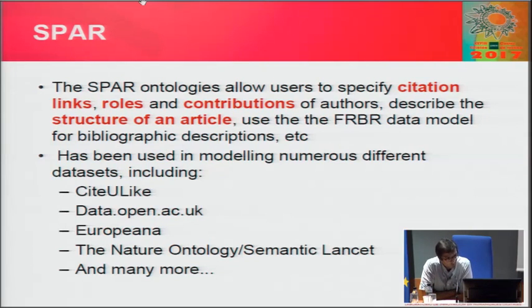The SPAR ontologies allow you to do several things: for example, you can specify citation links, you can specify the roles and contributions of different authors, and you can also describe the structure of an article. There are several other things, and I would direct you to the SPAR webpage, which is really well designed and well structured. And I think, as with CIDOC, the success of SPAR can be measured to a great extent by the uptake it's had.